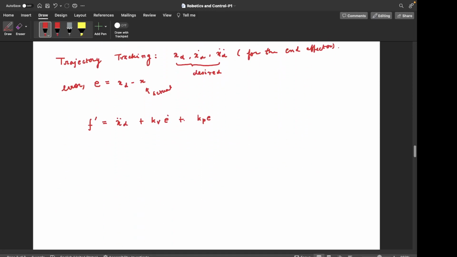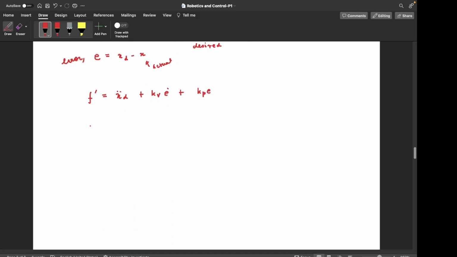So f dash is x double dot. So x double dot is equal to xd double dot plus kv e dot plus kp e. And what is e dot? E dot is xd dot minus x dot.